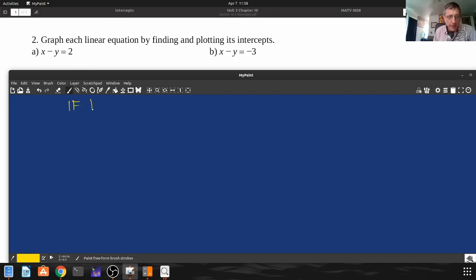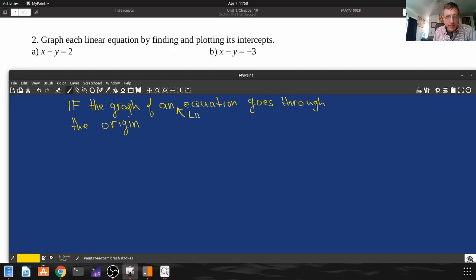If the graph of an equation goes through the origin, and here I'm going to add something, linear. So we're just talking about lines now, straight lines.